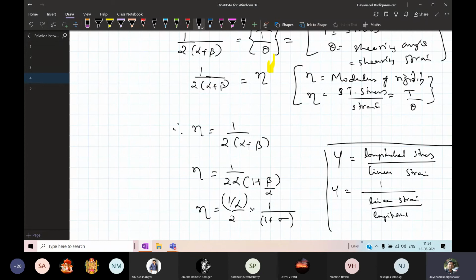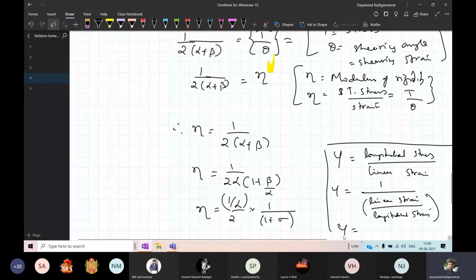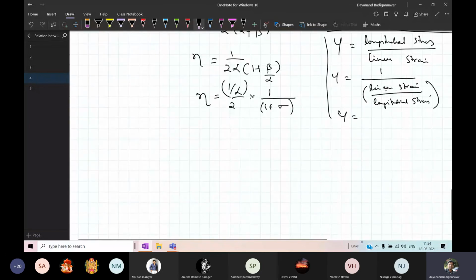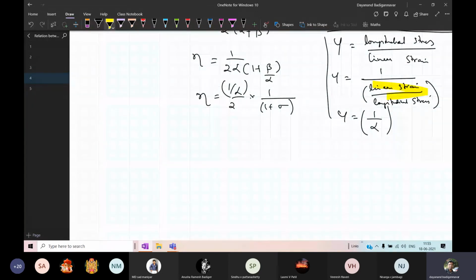Linear strain by stress is nothing but alpha. Therefore, Y is equal to 1 by alpha. I had told you earlier that Young's modulus is the inverse of the longitudinal coefficient.